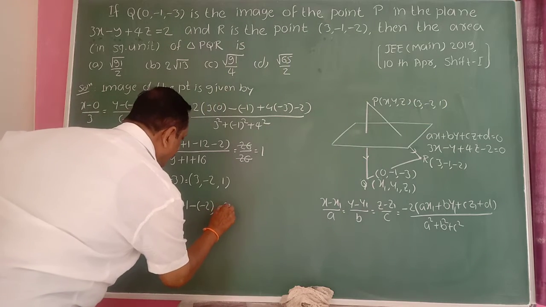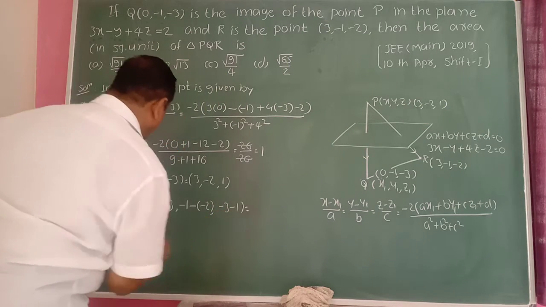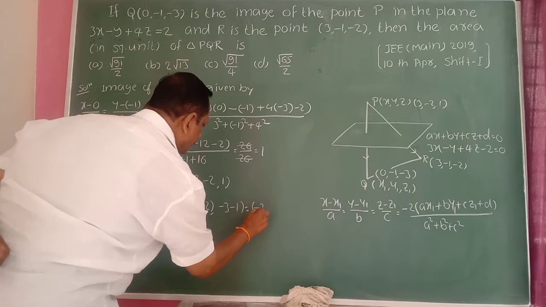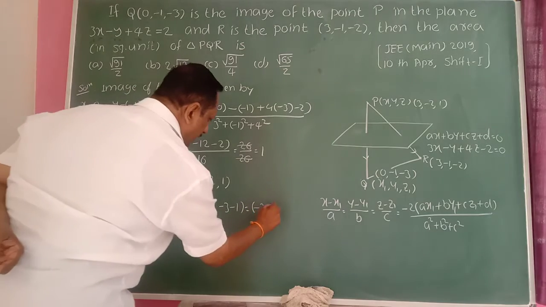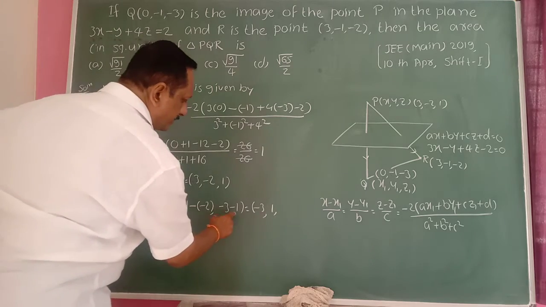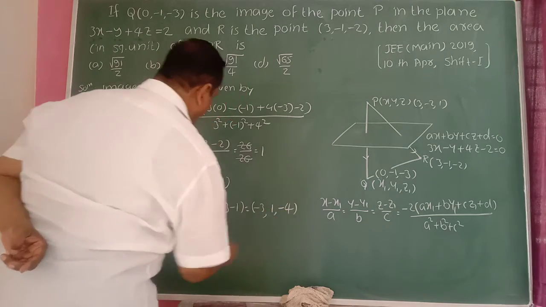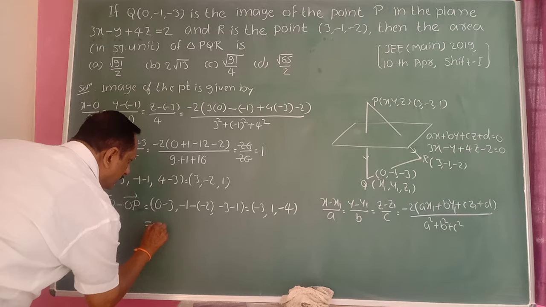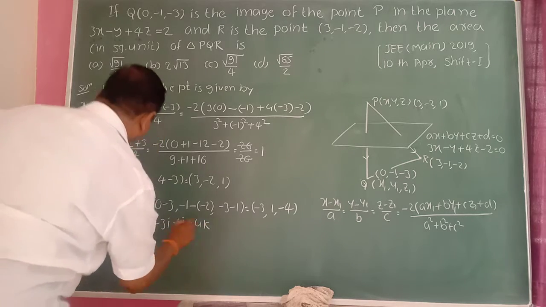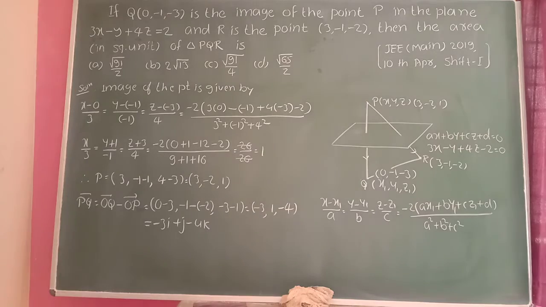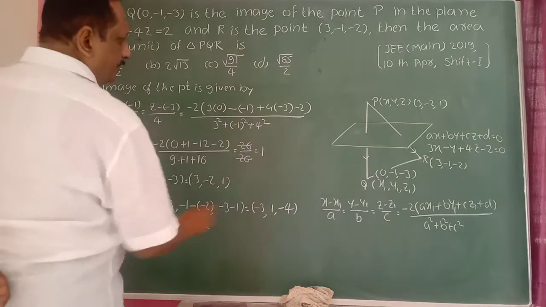That gives -3, then the minus becomes plus so 2 minus 1 becomes 1, and -3 minus 1 is -4. Therefore we can write this as PQ = -3i + j - 4k.